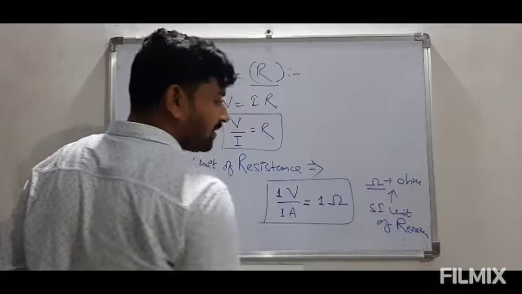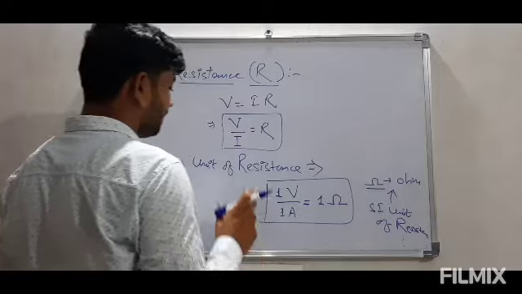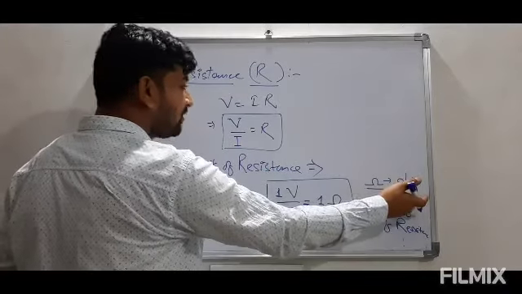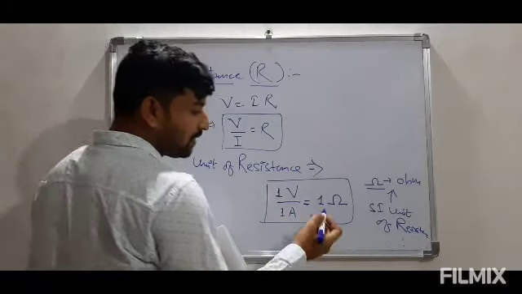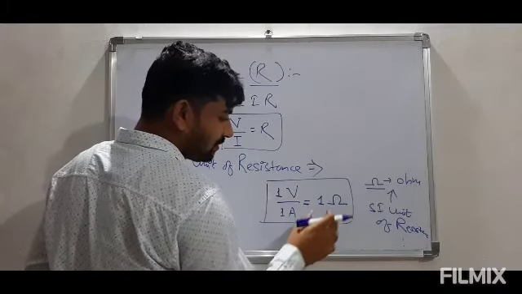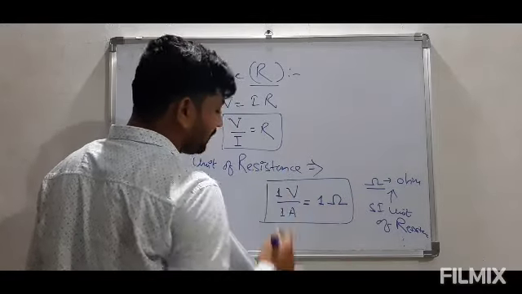This symbol is a Greek letter which denotes ohm, and as the name suggests, the law was given by Ohm, so it was named after him. It generally represents the value of resistance.